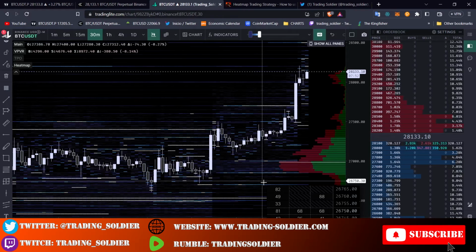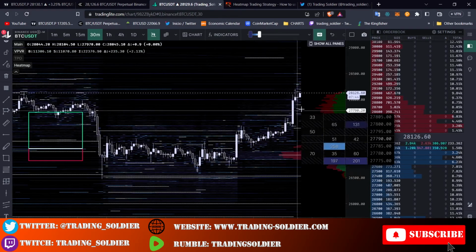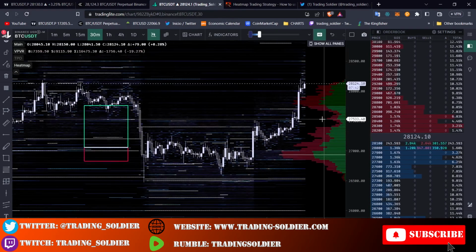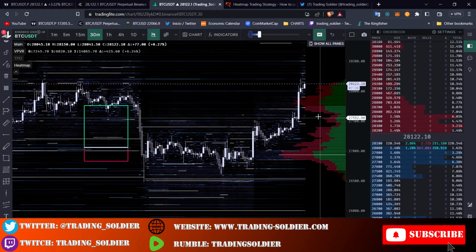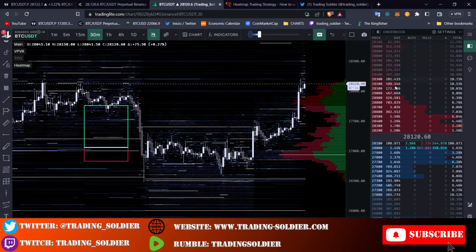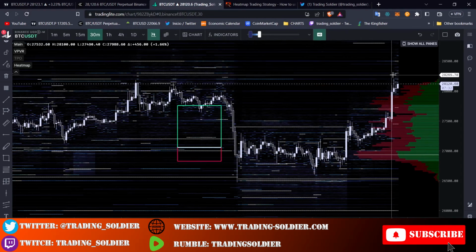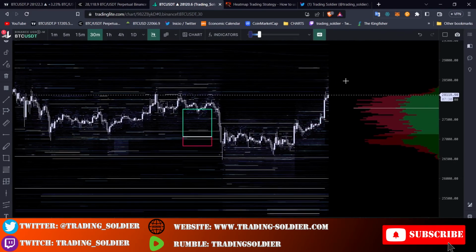So this is a very important thing that you need to take into account before using heat maps: spoofing. This is a very common practice in the cryptocurrency market, because it is not heavily regulated like legacy markets. So this is how I personally trade with heat maps.